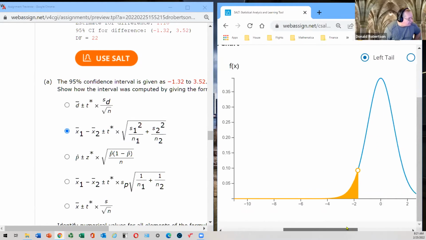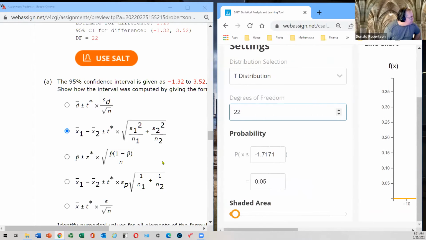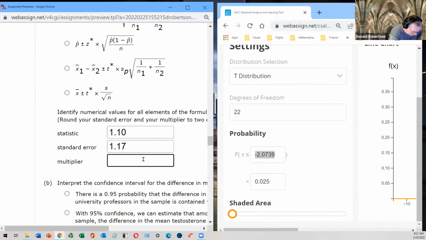And if I go over here and you see a little picture, if you do 95% in the middle, that leaves 2.5% either side. So I go here and I say, I want 2.5%. And the number I get, forget about the sign of it, is 2.07.